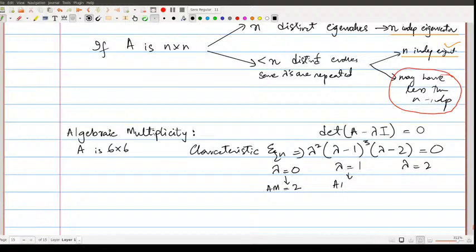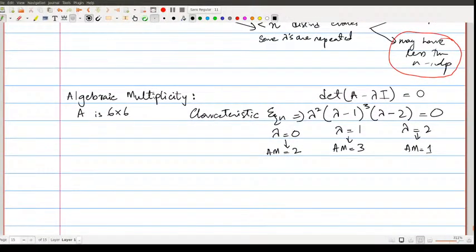Similarly, this one has an algebraic multiplicity of 3, and this one just has an algebraic multiplicity of 1 because it appeared once in my factorization of the characteristic equation. So that's algebraic multiplicity.